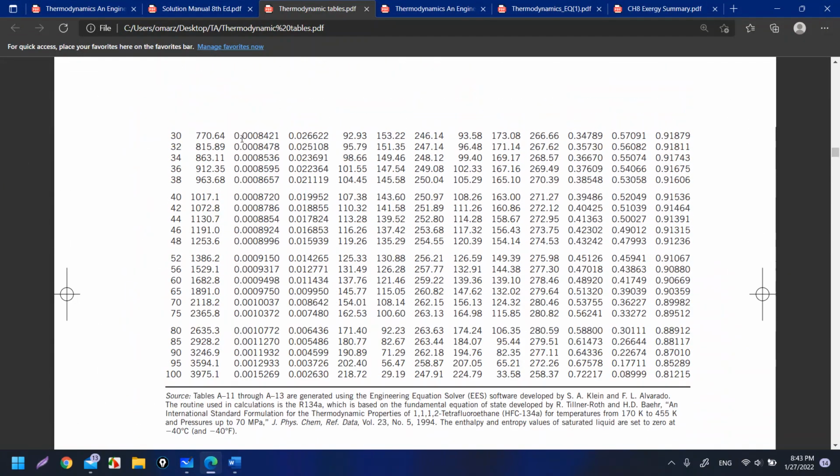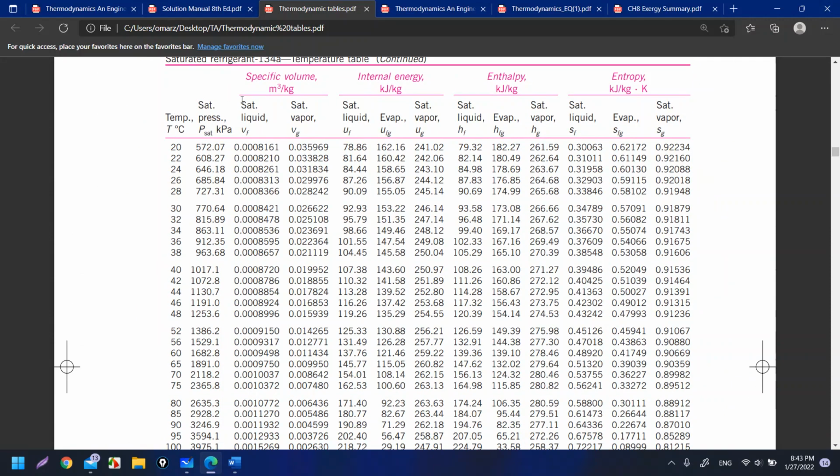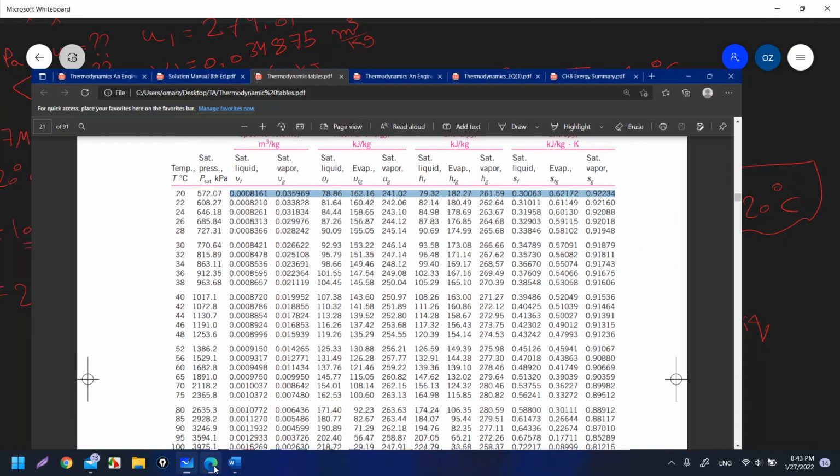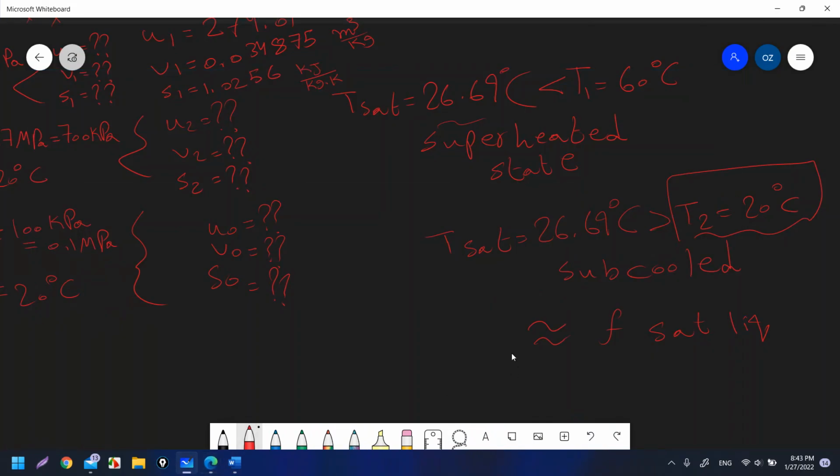Okay, A11, the first table in the refrigerant at 20 degrees Celsius, and you will take VF, UF, and SF. The F means saturated liquid, fluid. So U2 will be, I wrote it here, 78.86 kilojoule per kilogram.